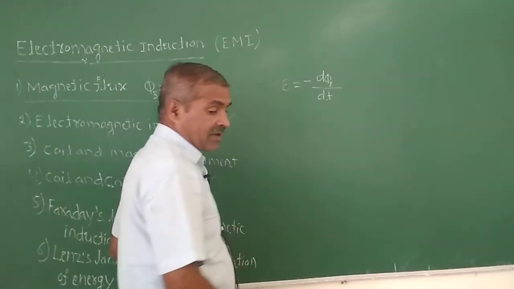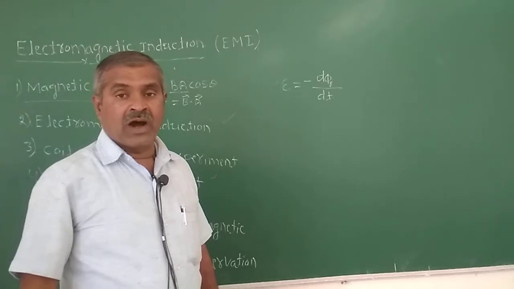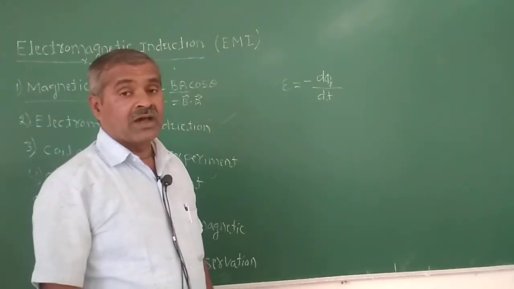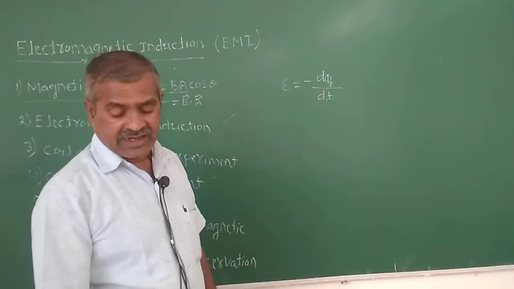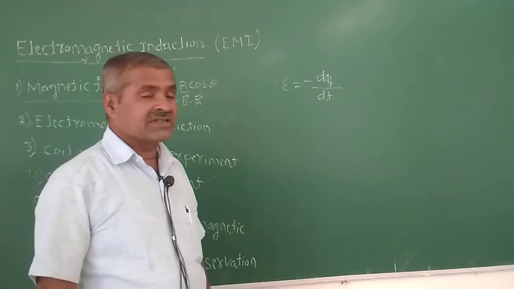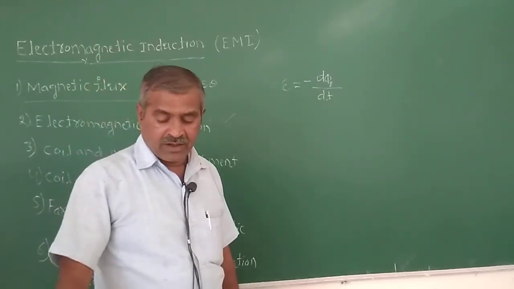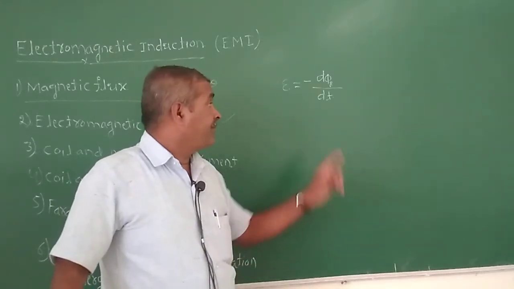This is also correct. The induced EMF in a coil is equal to the rate of change of magnetic flux. That is your Faraday's law of electromagnetic induction.